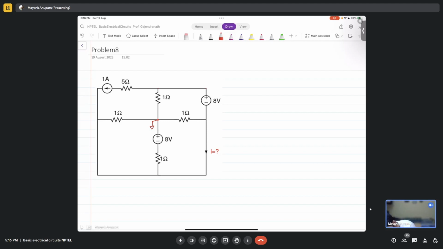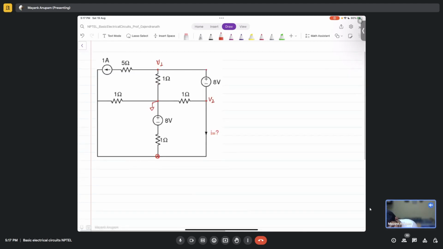Let's start by writing. Let's call this V1. So this is also V1. Let's call this V2. This is also V2, this is also V2, this is also V2. Correct. Let's call this V3, and let's call this V4.